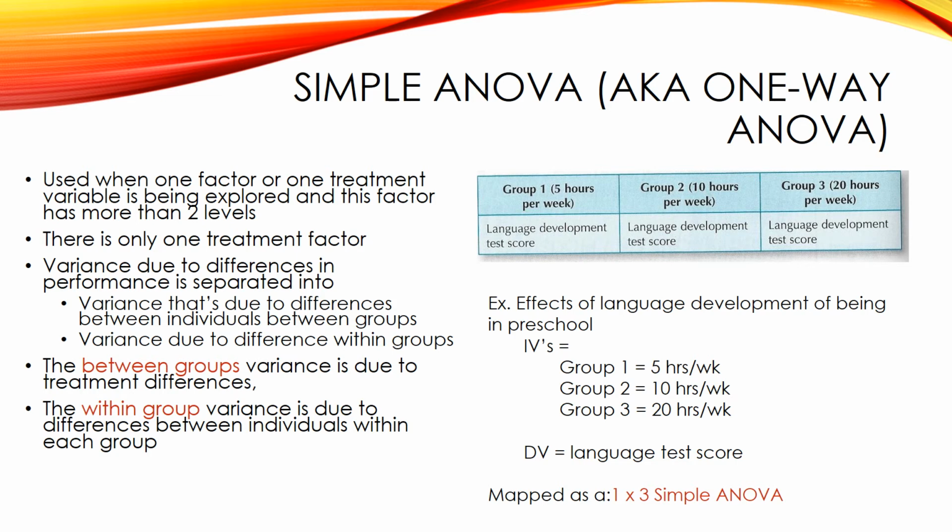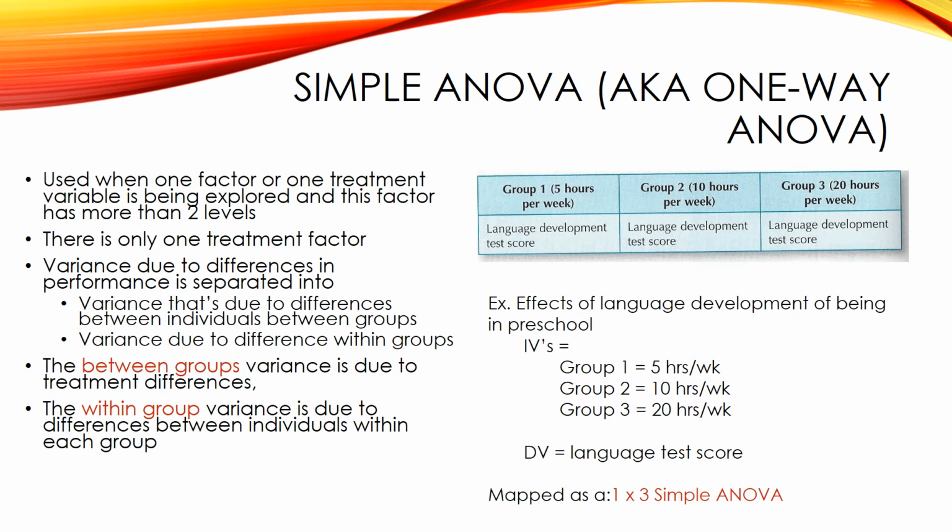And this is important to think about when you start doing these. What you're looking at is between groups and within groups. Within groups is those differences within that one group. It does not look at comparing the other two groups. If you look at this picture, when we're interested in the comparison from group 1 to group 2, group 1 to group 3, group 2 to group 1, group 2 to group 3, group 3 to group 1, and group 3 to group 2, then we're looking at between groups.